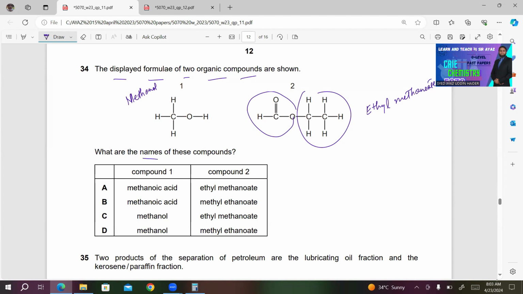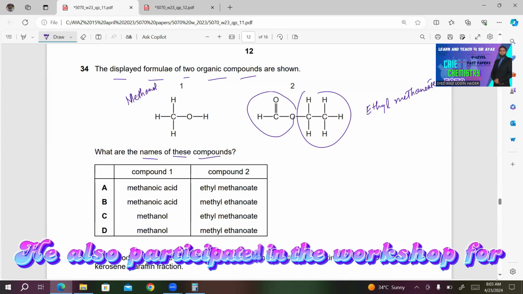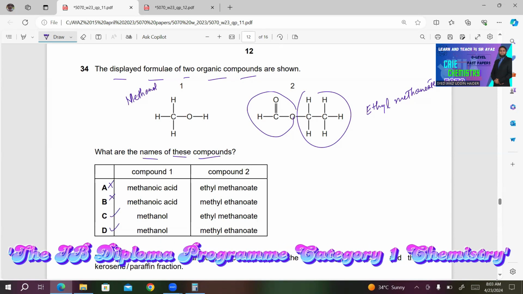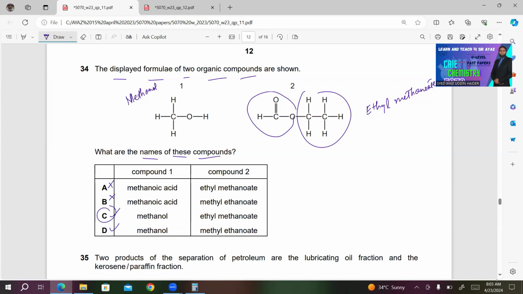What are the names of these compounds? 1 is methanol. So either C is correct or D is correct. Both A and B are incorrect. You see, I have narrowed down the choices. Now it becomes easier for you to choose the right answer. So C must be the right answer because it's ethyl methanoate.